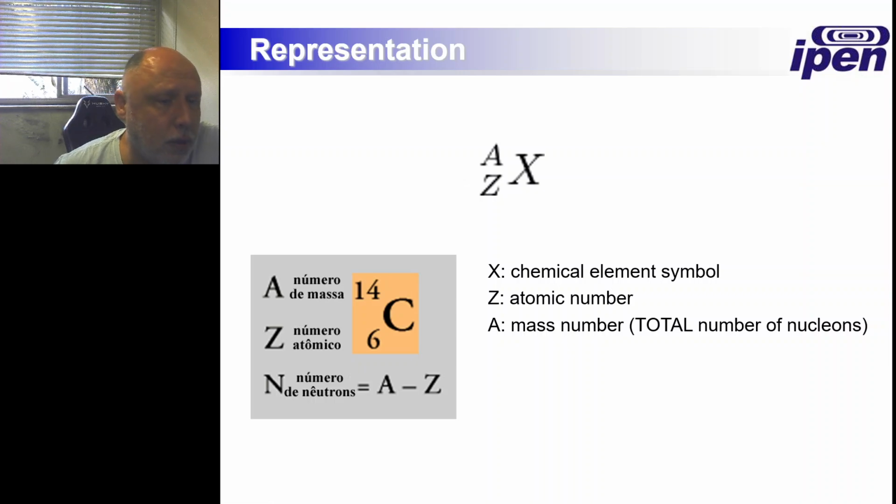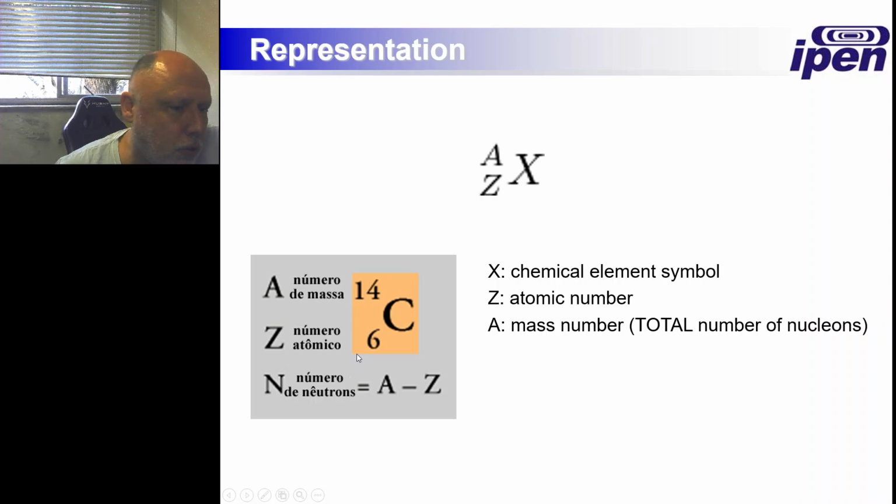As another example, maybe you've heard of carbon 14, which is used for dating, to know the age of some fossil or something. What's that? Carbon 14. You know it's carbon, you know it's 6 protons, right? So this number is not needed.